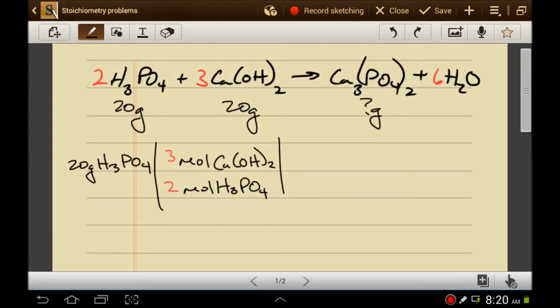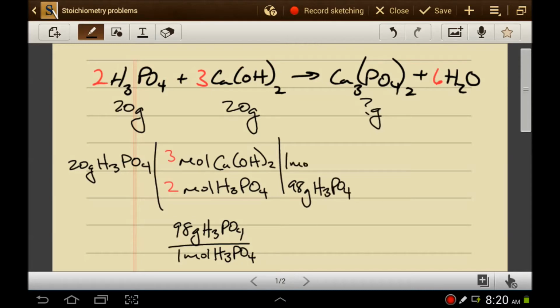The molar mass of phosphoric acid is 98 grams of H3PO4 for every 1 mole of H3PO4. Grams cancels with grams, moles cancels with moles. We're left with moles of calcium hydroxide, but we want to compare that to grams of calcium hydroxide.